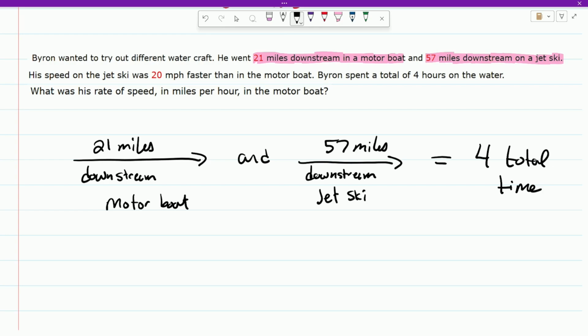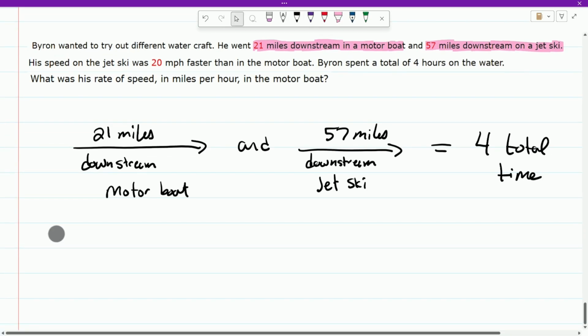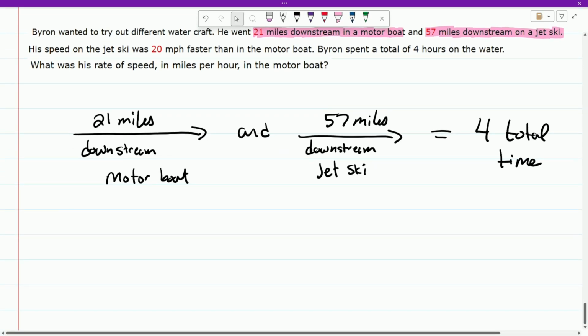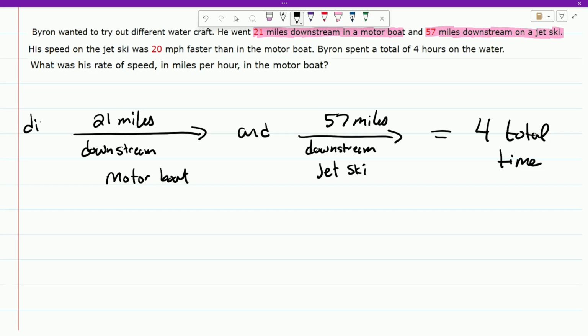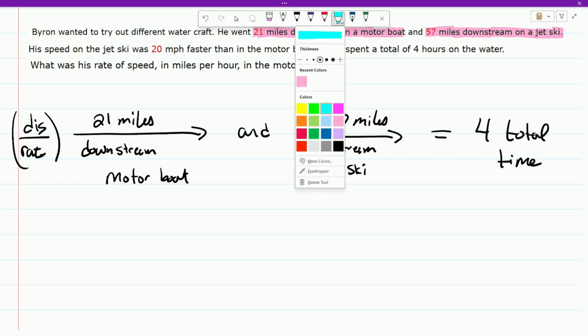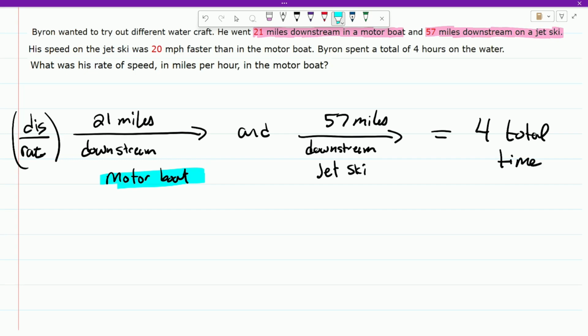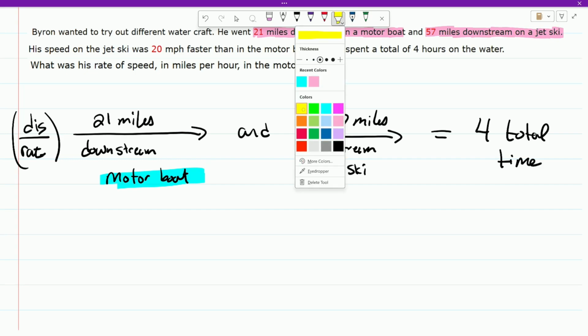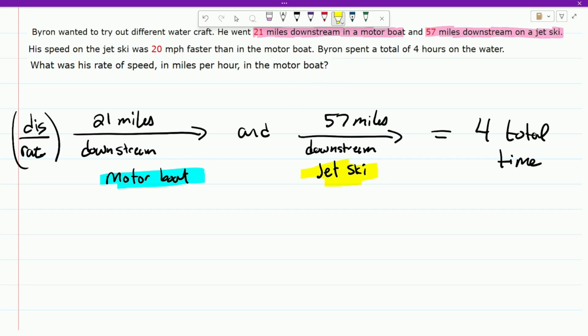Like we know that. So if you look here, we basically have an equation set up. We have our distance over our rate for each one of these. We have it for the motorboat, and then we also have it for the jet ski.